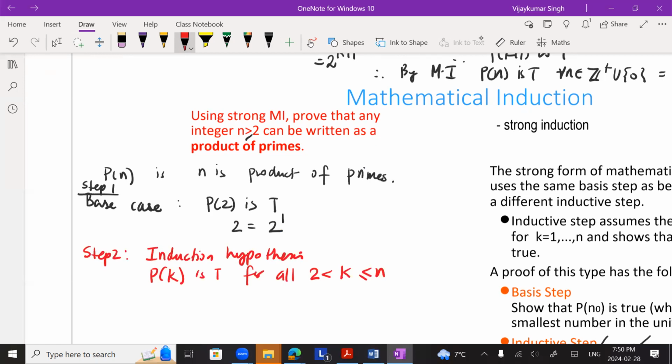Do you see the difference here? You are not just assuming Pk is true. You're assuming Pk is true for all k less than or equal to what? Yeah.